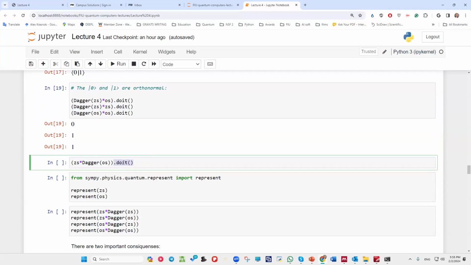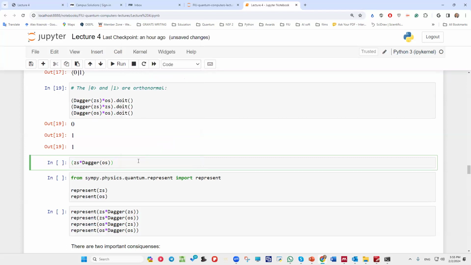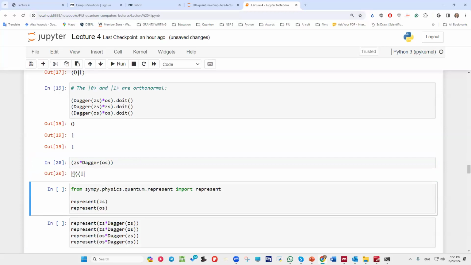The same way I can compute the outer product. For example, here, if I remove this doit for a moment, I have the expression like this: ket vector times bra vector. But again, these two vectors are just two matrices, and I can actually compute the result of this too.